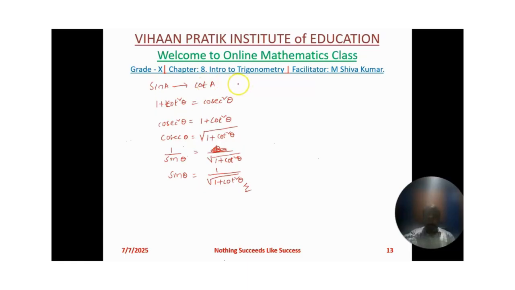Okay, next, writing the same, secant theta in terms of cot theta. So we know the identity, 1 plus tan square theta equals secant square theta. Now from this, secant square theta equals 1 plus tan square theta.